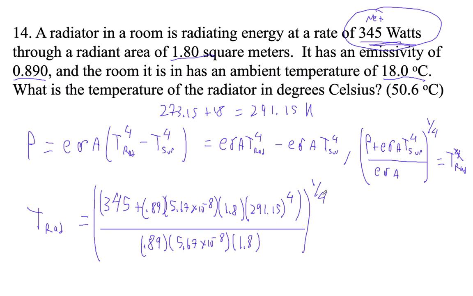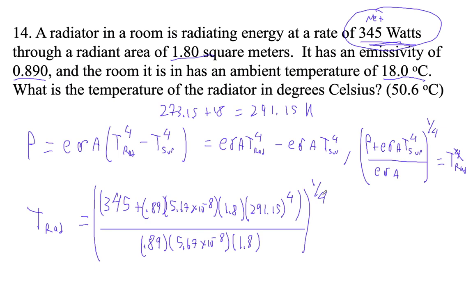I'm actually going to use the fraction key on my calculator. So I'm going to go left parenthesis, alpha F1, enter, 345. I'm in the numerator right now, plus 0.89 times 5.67 times 10 to the minus 8th times 1.8 times 291.15 raised to the fourth.